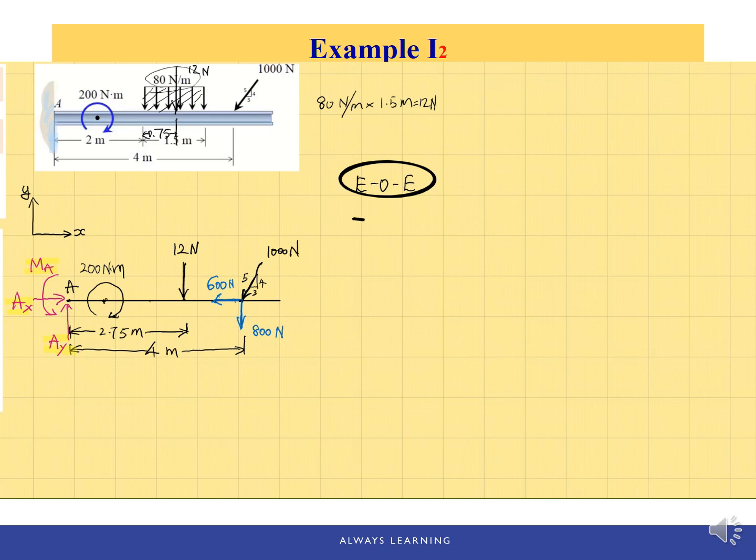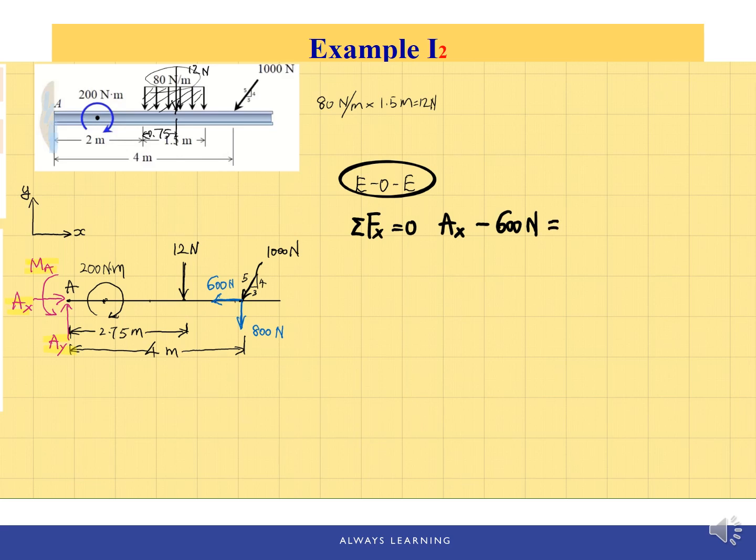The first equation will be sum of Fx equal to 0. So we just need to gather the forces pointing in the x direction. So we'll have first Ax, which is positive, pointing to the positive direction. And then we have another one, which is the minus 600 Newton, which is the x component of the 1000 Newton force.